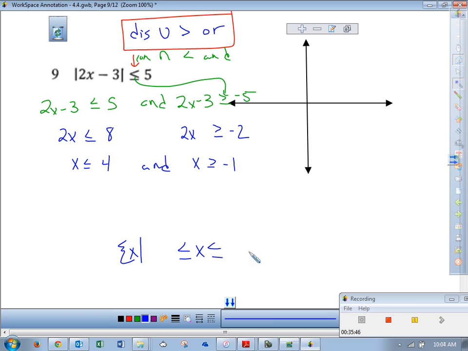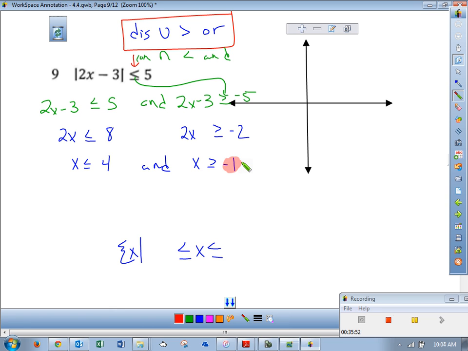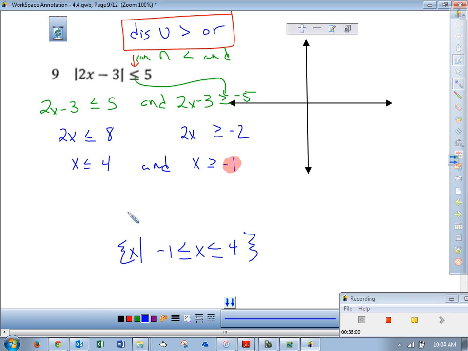Then the smaller of these two numbers goes on the left. Pretty sure that's -1, right? That goes on the left. The bigger guy goes on the right. In interval notation, the domain would be from -1 to 4 included both times.